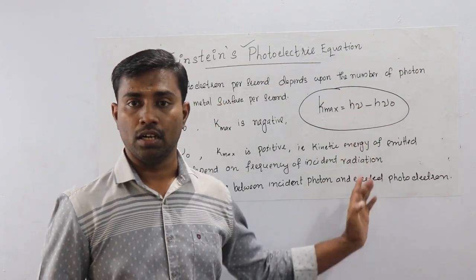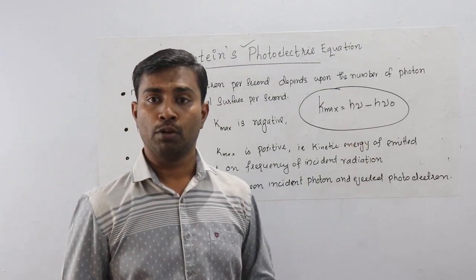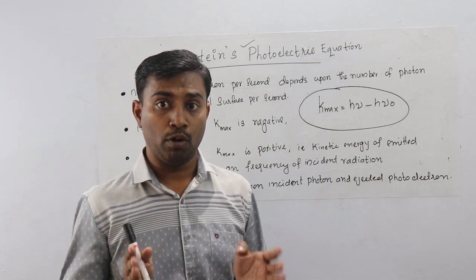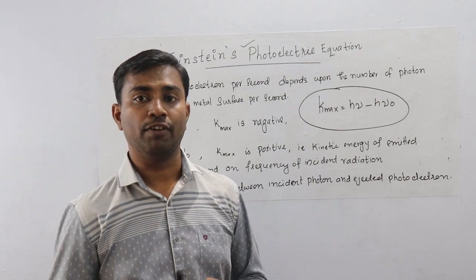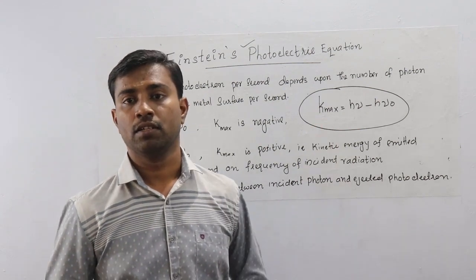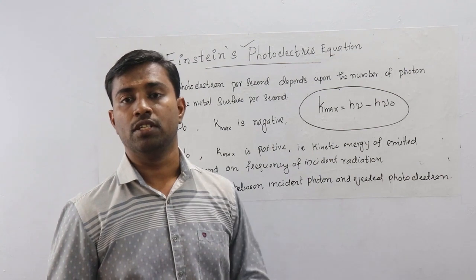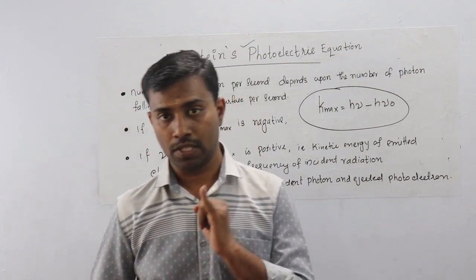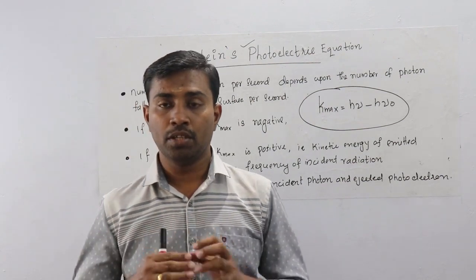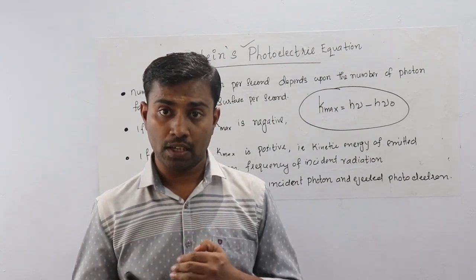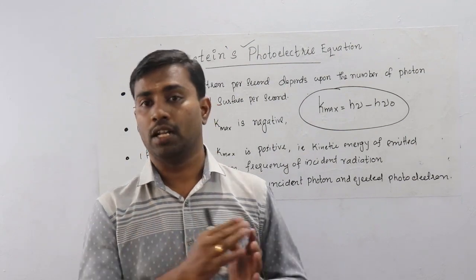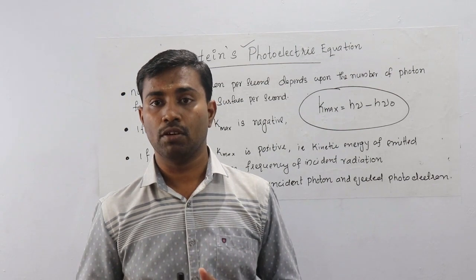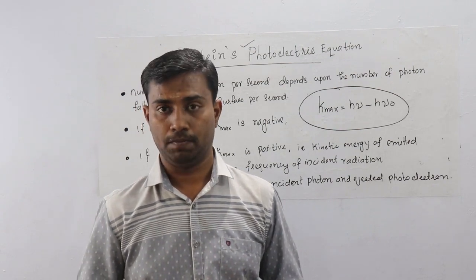So these are the laws of photoelectric effect based on Einstein's photoelectric equation. What is the first point? The first point says that the emission, or otherwise the photocurrent, depends on the intensity of incident radiation.